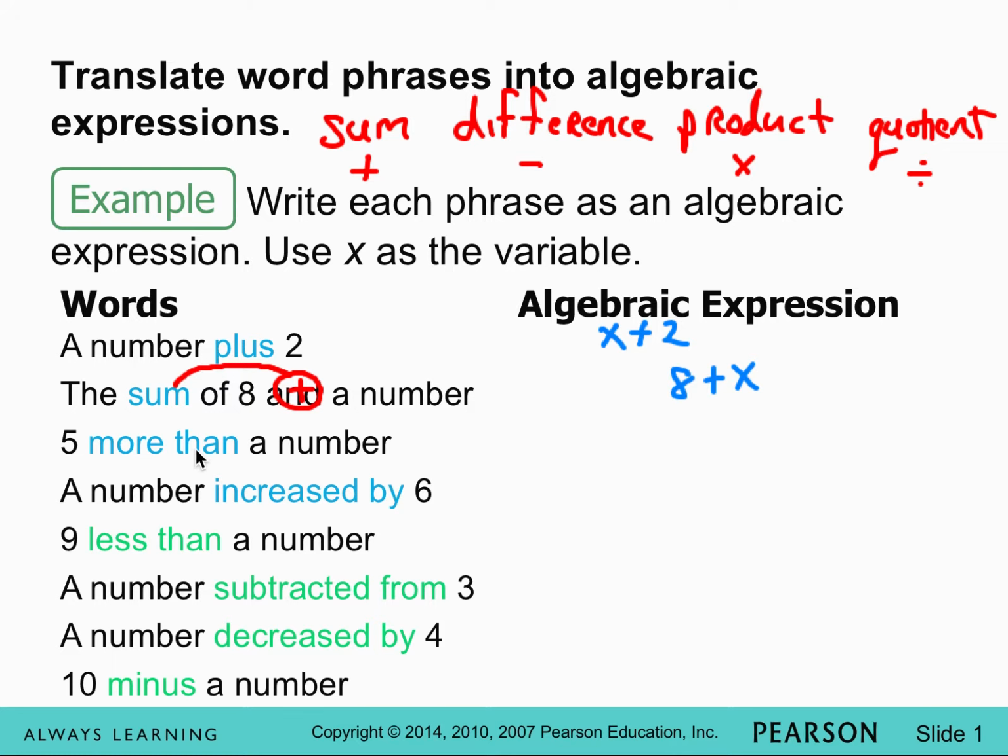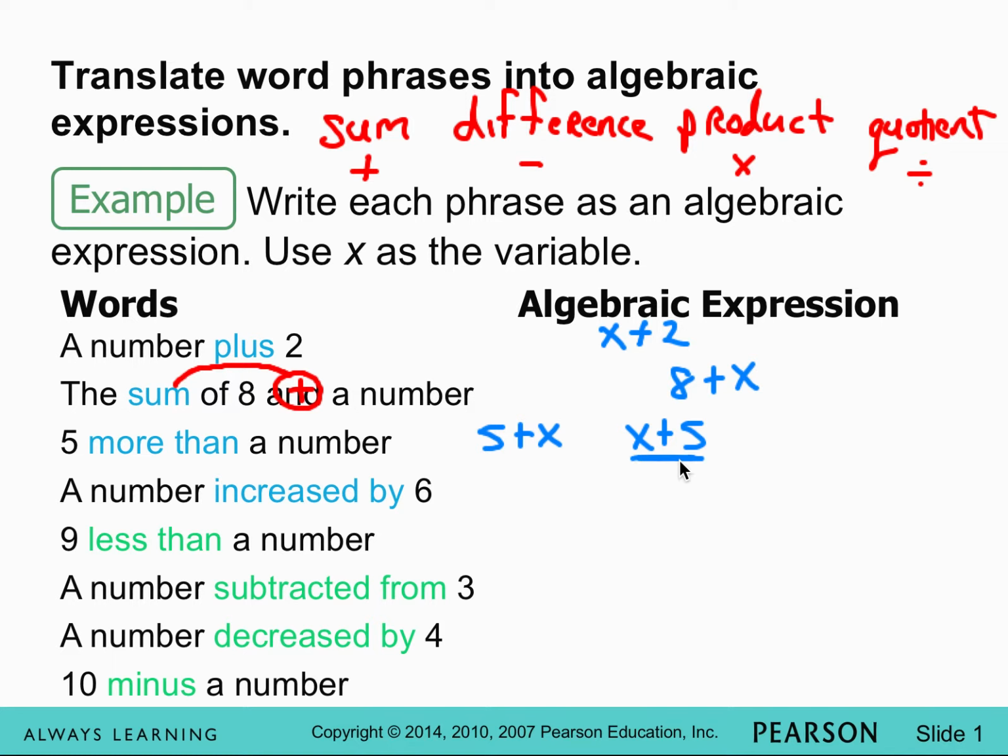5 more than a number. Now, more than means adding. And so remember, addition is commutative. So it really doesn't matter if I write this like this or this simply because it's adding. But technically, the wording here is for this one.